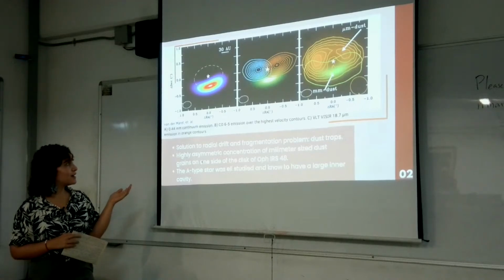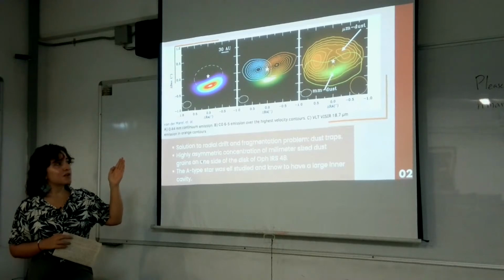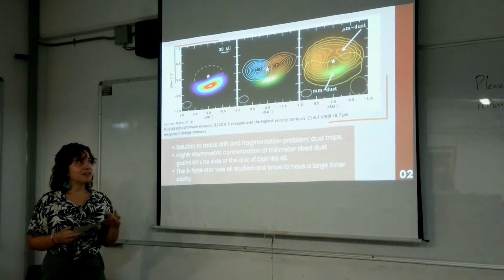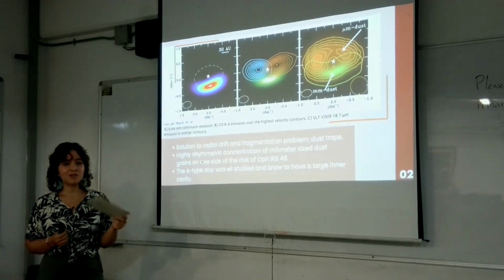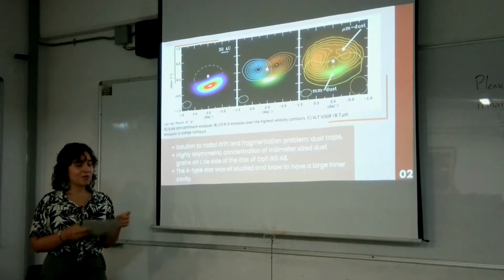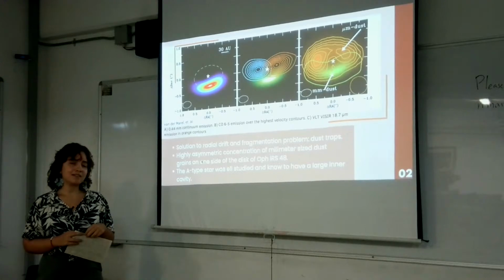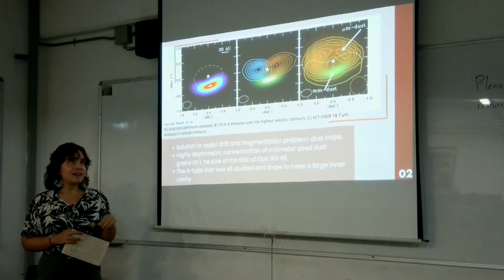So the study was one of the first studies of ALMA in the early cycle zero. Yeah. When there was only a quarter of the antennas that ALMA currently has.